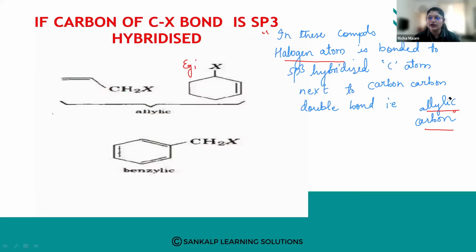So how is it written? I'll write it again: CH2=CH-CH2X. The halogen atom is attached to an sp3 hybridized carbon, which is next to a carbon-carbon double bond. So this is an allylic halide.